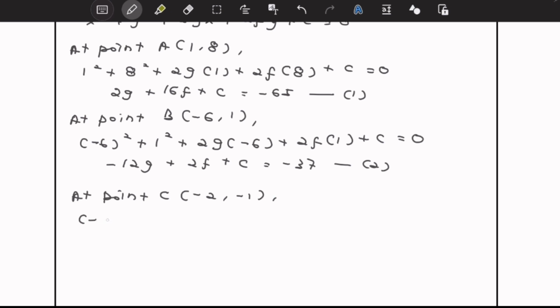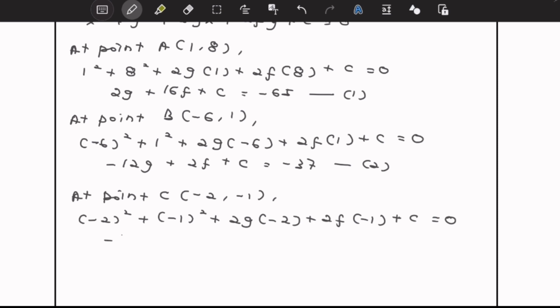We will get (-2)^2 + (-1)^2 + 2g(-2) + 2f(-1) + c = 0.